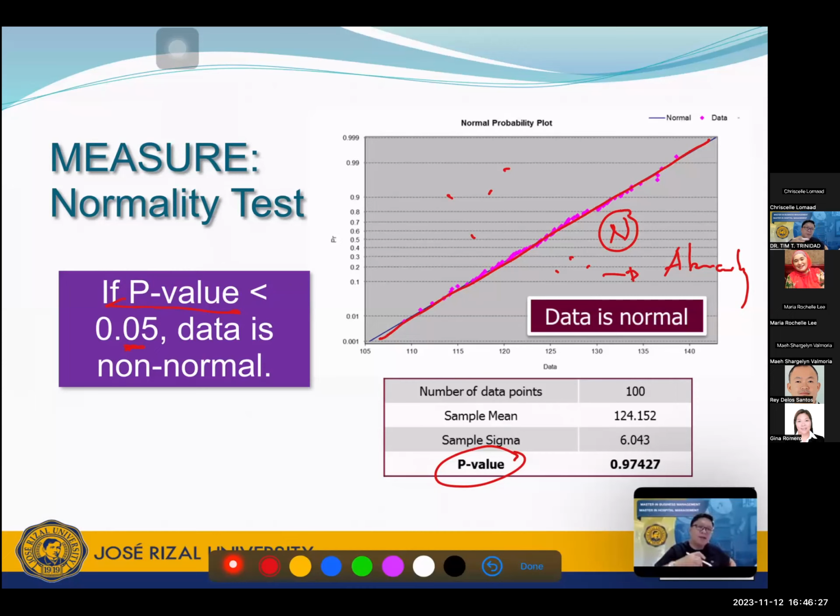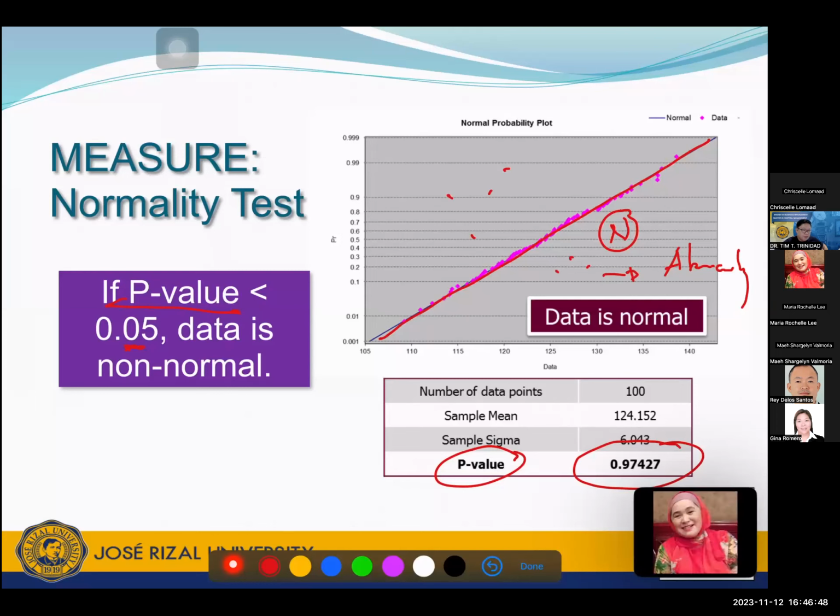So let's take, for example, we did the Minitab analysis and the p-value that came out is 0.94727. Decide, is this data normally distributed or not? Normal.